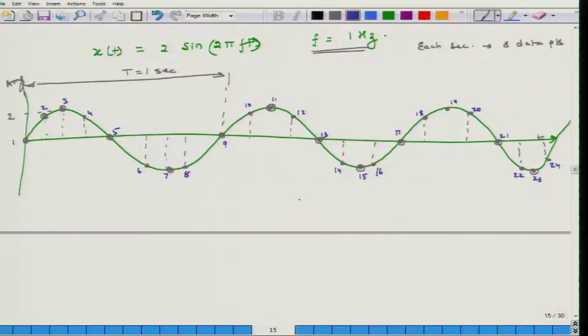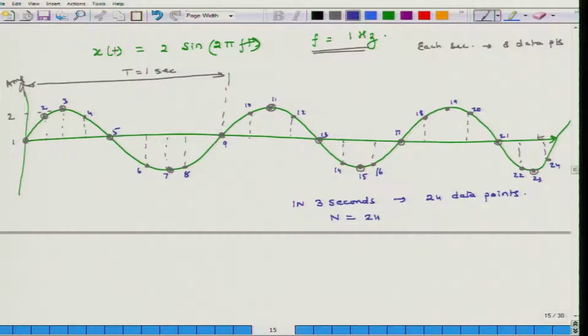Let us say my data acquisition system is acquiring data for 3 seconds. So, in 3 seconds I get 24 data points, which means that n is equal to 24.